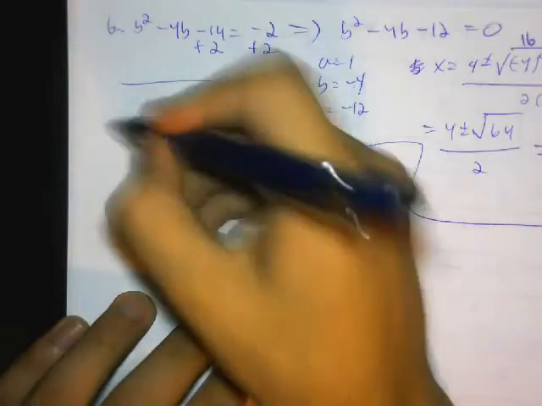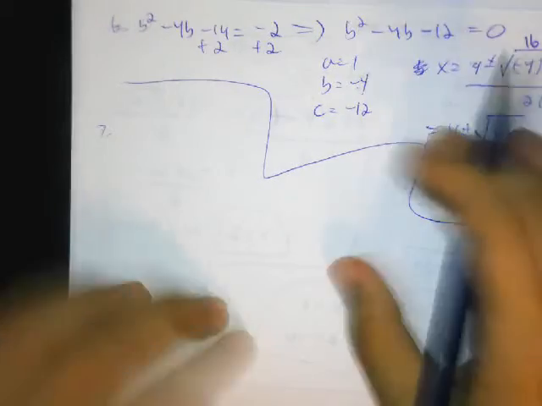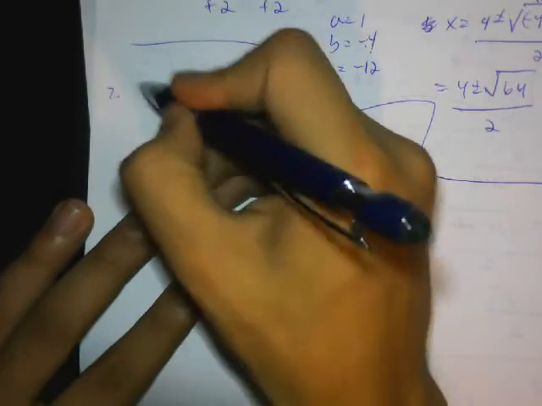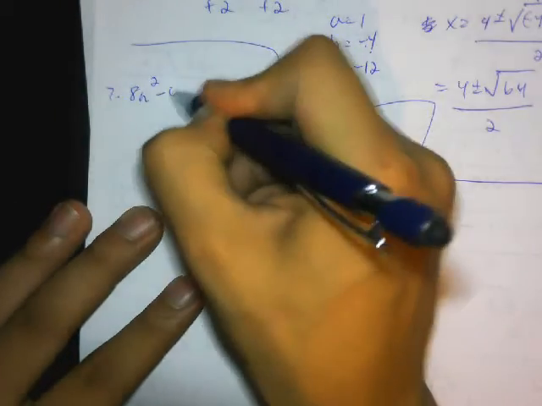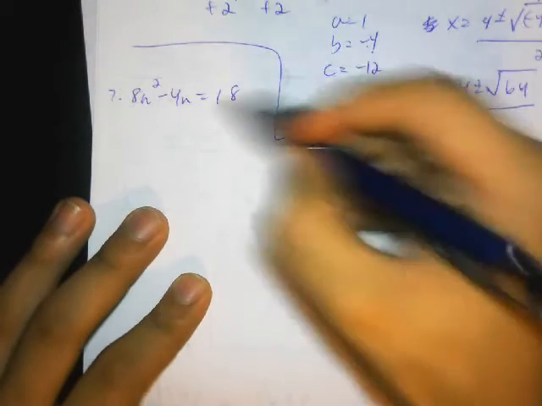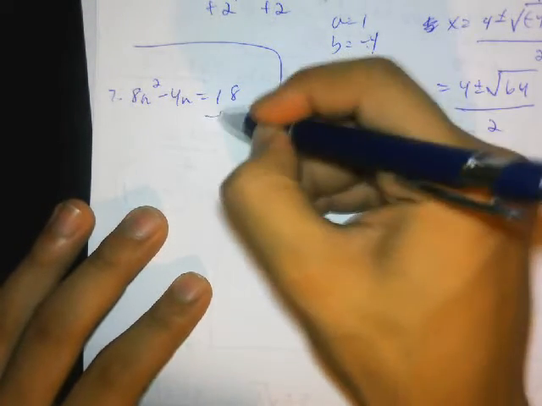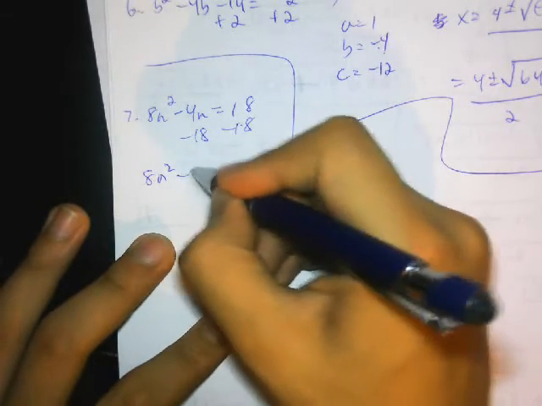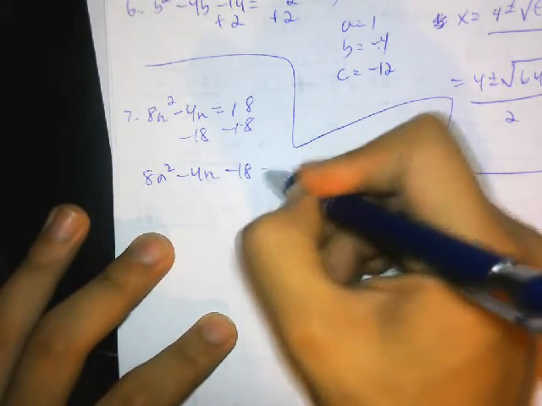Alright, number 7. Number 7 says, what does number 7 say? 8n squared minus 4n equals 18. It does not equal 0, so we have to subtract this 18. Subtract 18, subtract 18. 8n squared minus 4n minus 18 equals 0.